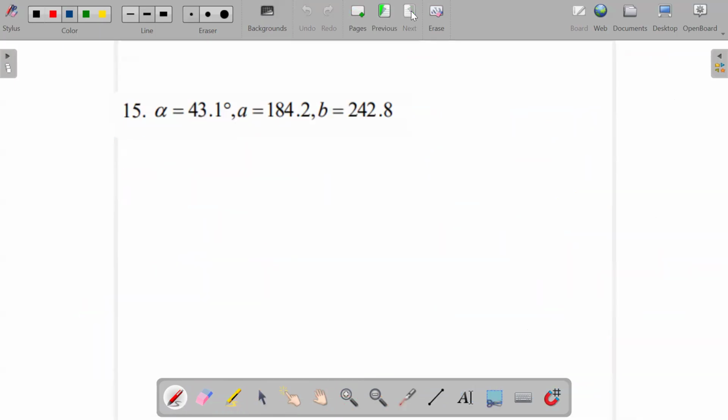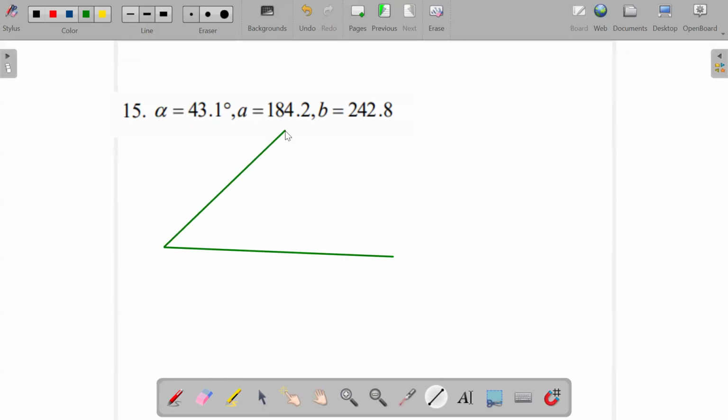Okay, so let's see. I have an angle and two sides. I'm going to sketch this differently than I did before to see if that helps. I'm going to make a baseline, and from that baseline I'm going to estimate 43-ish degrees. That's 90, that's 45-ish, so 43 is a little bit less.